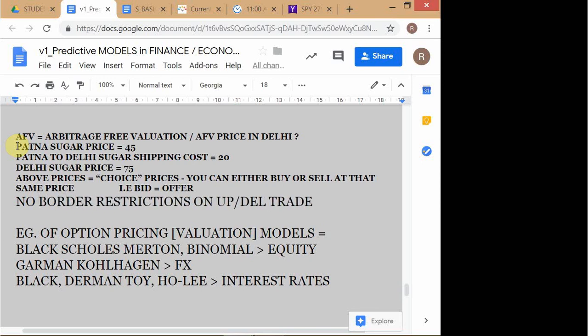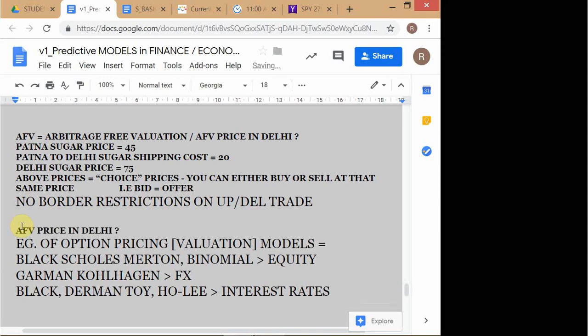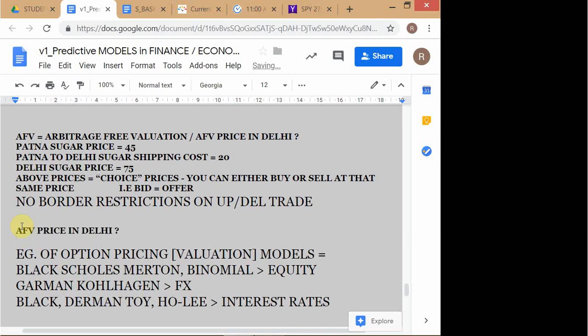Then what is the AFB price in Delhi? Is the question clear? Of course, other than the fact that you don't understand what AFB is, it has not been taught to you. But tell me, Bhola, what should be the fair price?